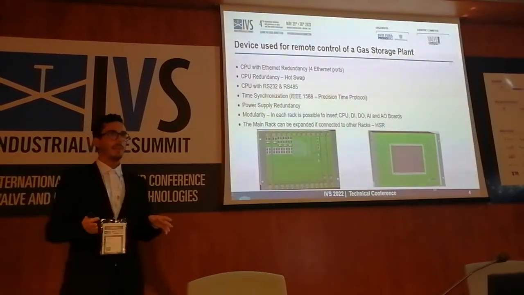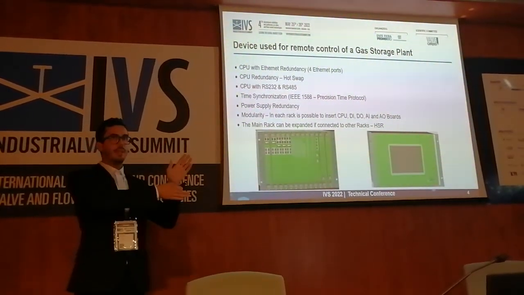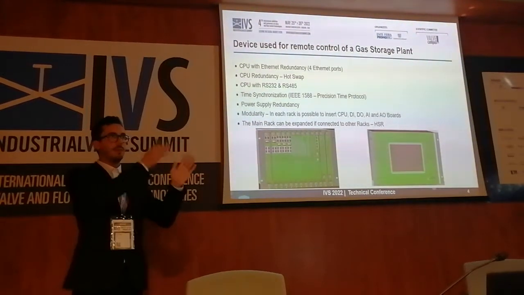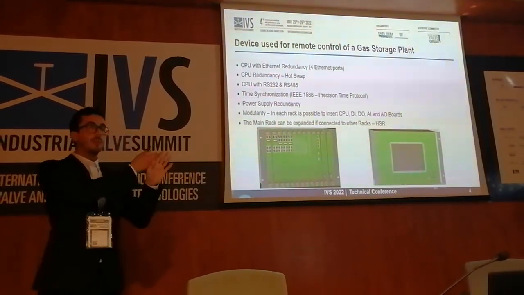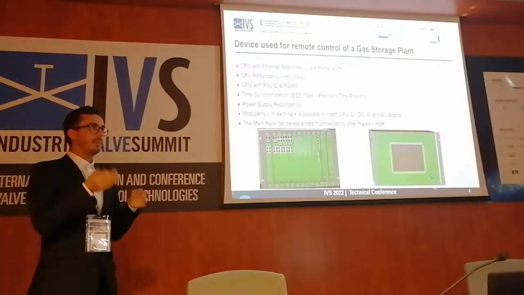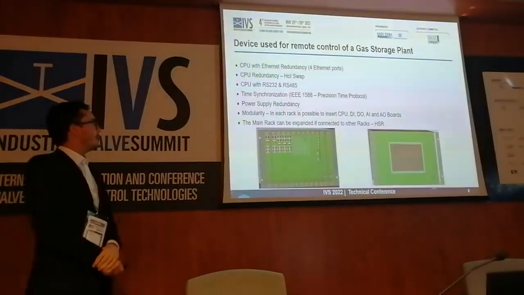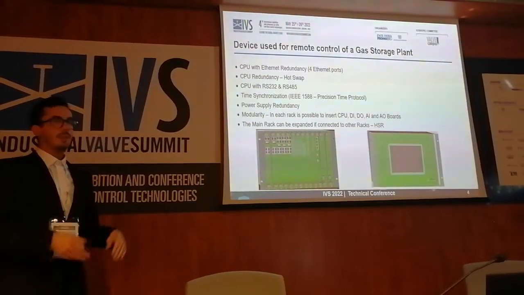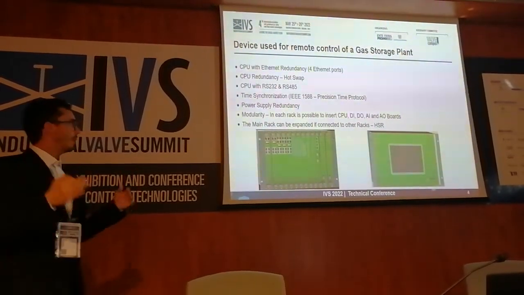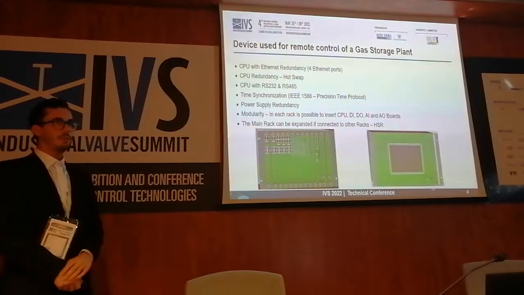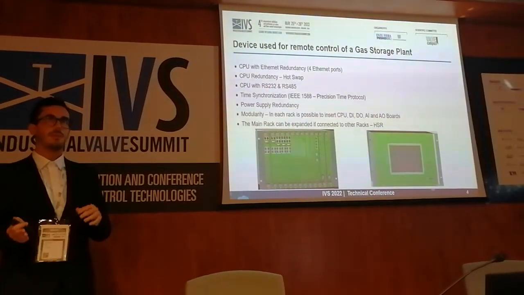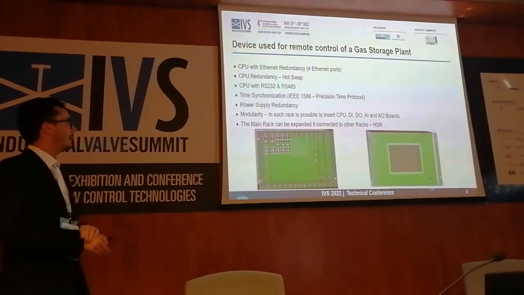So in case anything happens, one CPU has another one that is able to provide the same features of the first one. So it's possible to hot swap and to replace the one that has, for example, an issue with another one. And then we had the necessity to synchronize everything with the PTP. So we use this Precision Time Protocol for time synchronization of the equipment.